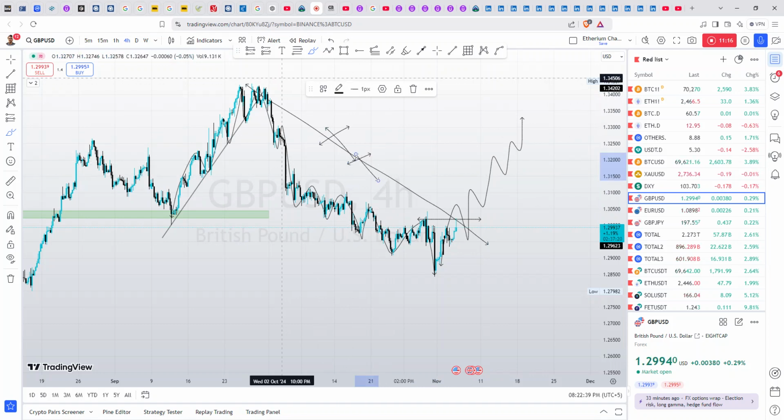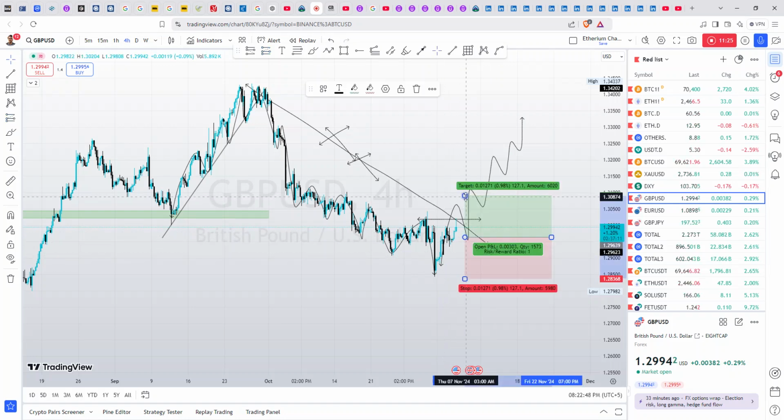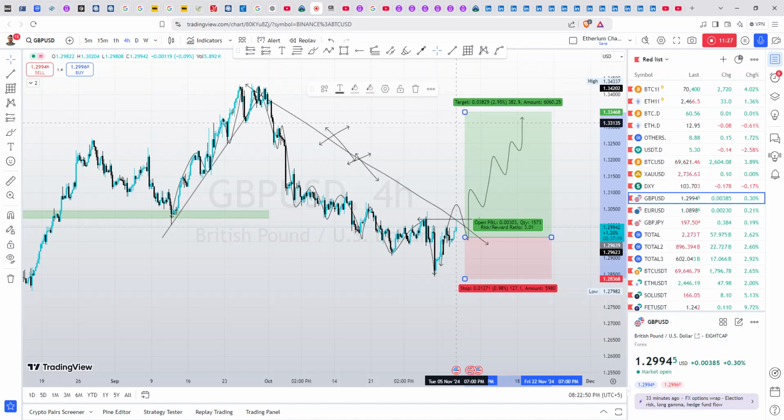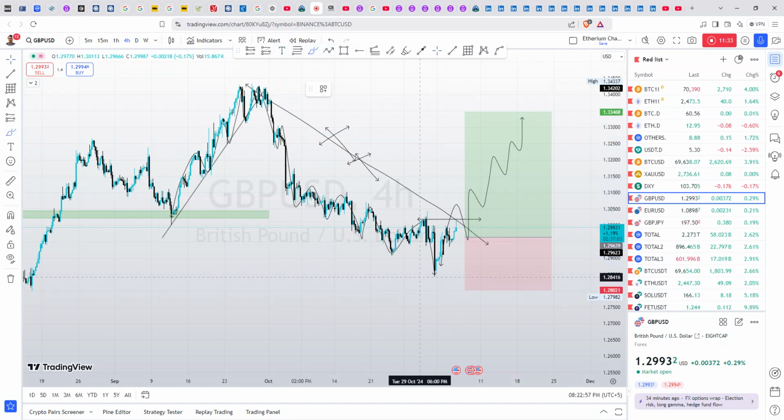And if that is the scenario, like if the price breaks this area and comes back to fill these FVGs, then we are going to take the entry and target this one, and our stop loss would be below this point. We are going to do some calculations after the analysis.